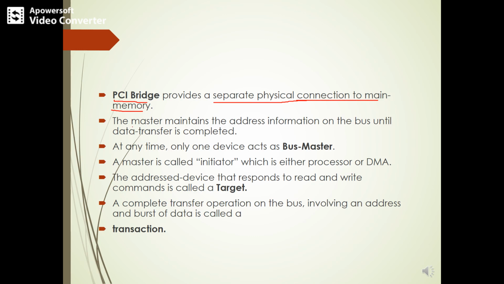The master maintains the address information on the bus until the data transfer is completed. At any time only one device acts as bus master. We know the concept that at a given instant there will be only one bus master.